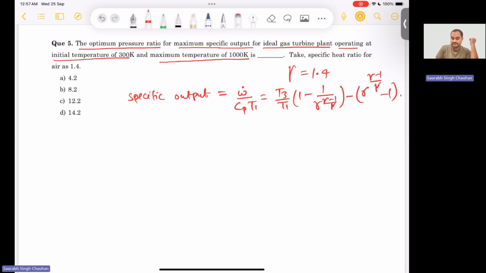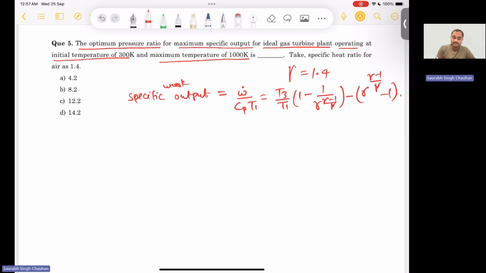This is nothing but the net work output divided by CpT1, and the net work output is turbine work output minus compressor work input. So this is your specific work output.